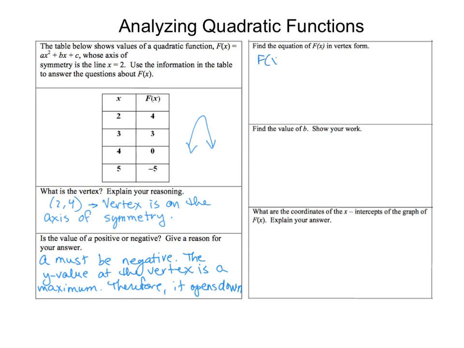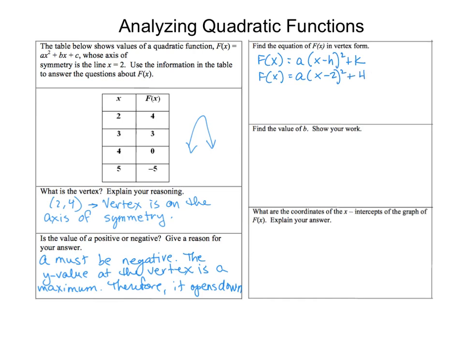That's f of x equals a times (x minus h) squared plus k. (h, k) is my vertex, so I'm going to plug in what I know. x minus 2. That's my h, plus k, 4.